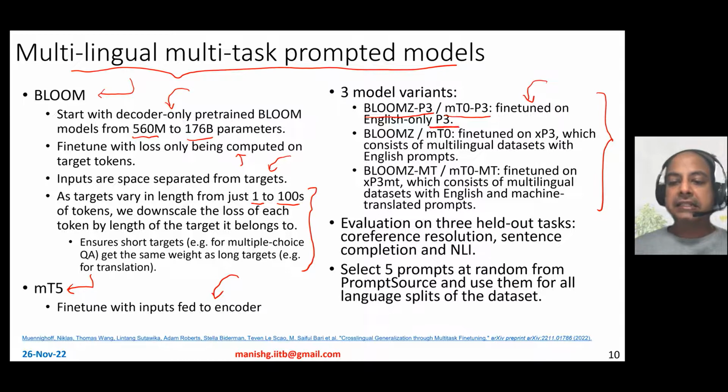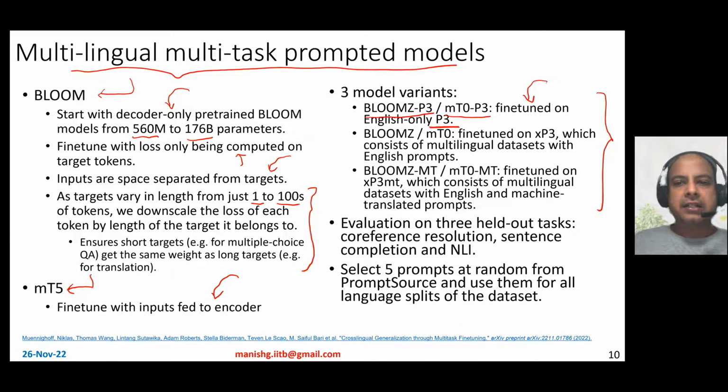Remember, the P3 data is English only. Now, why would you want to do that? You want to understand whether multilingual tasks also benefit from multitask fine tuning only on English data. That is why you train these models.